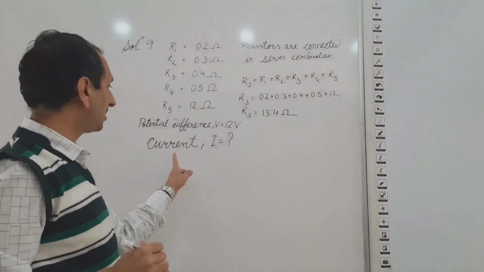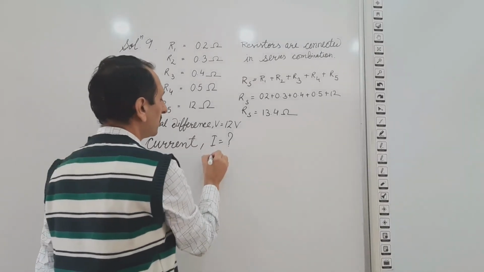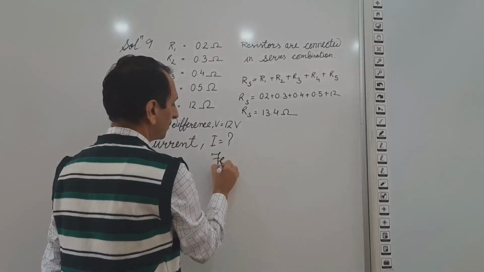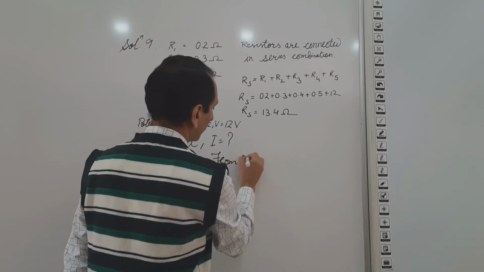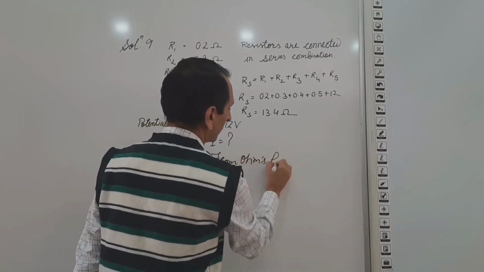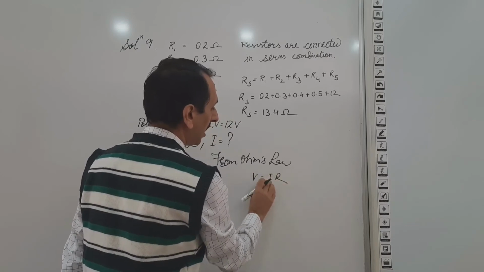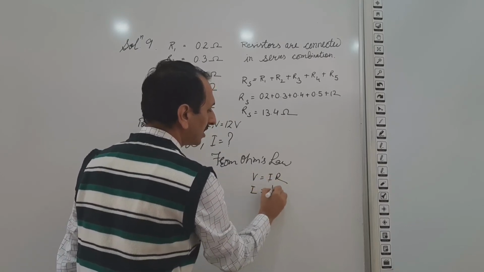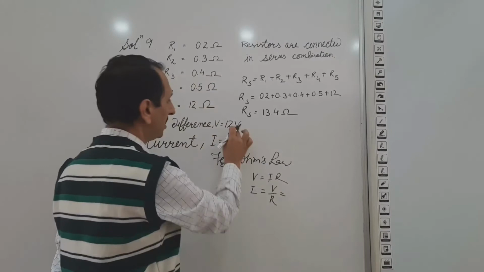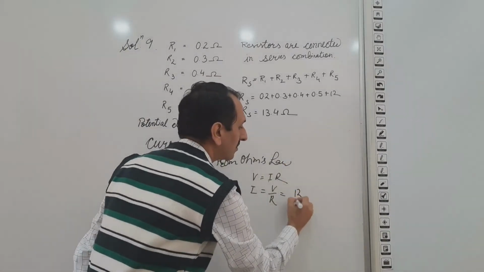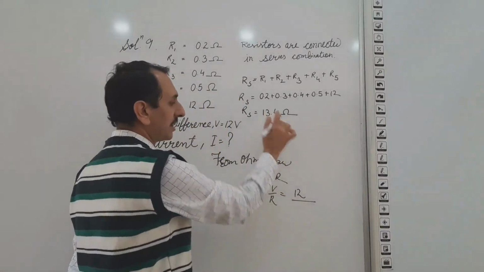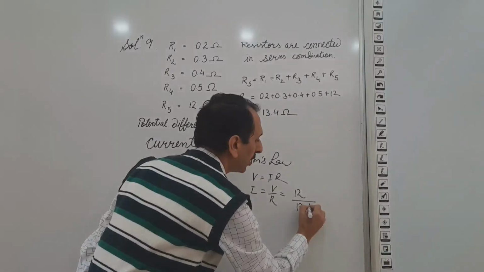We have to calculate current here from Ohm's law. We know that V equal to IR, so I can be calculated as V upon R. V is 12 volt and R we have calculated, 13.4.